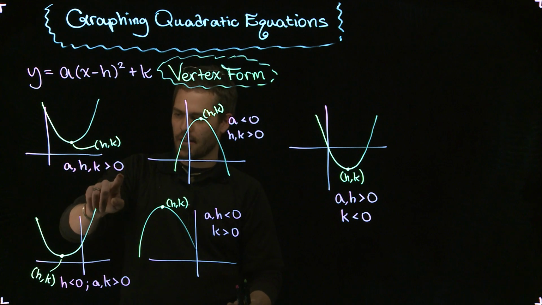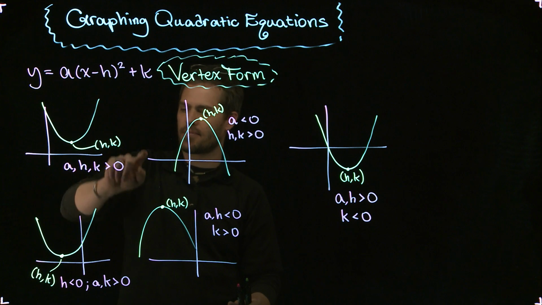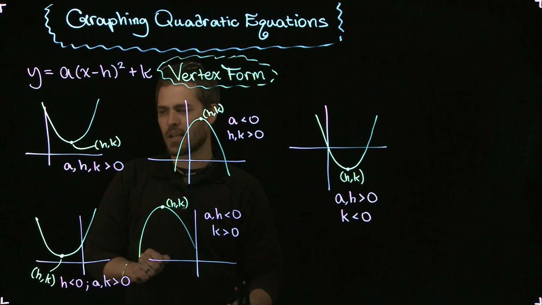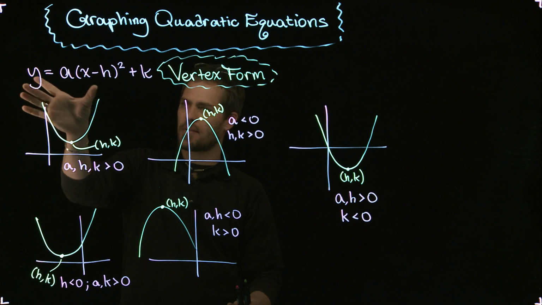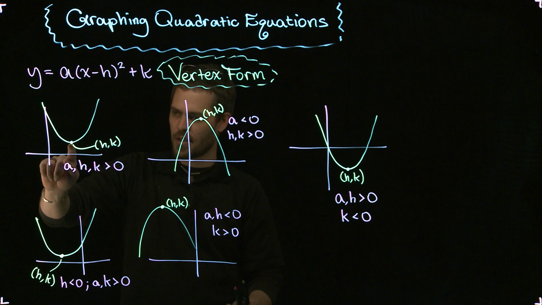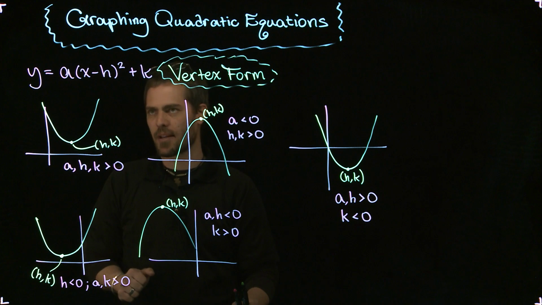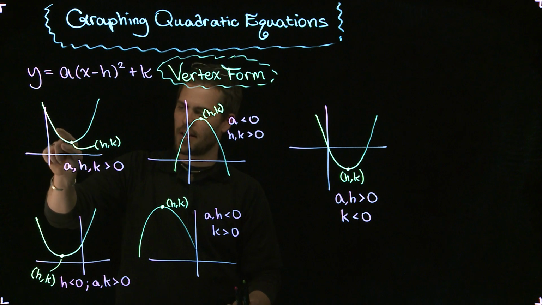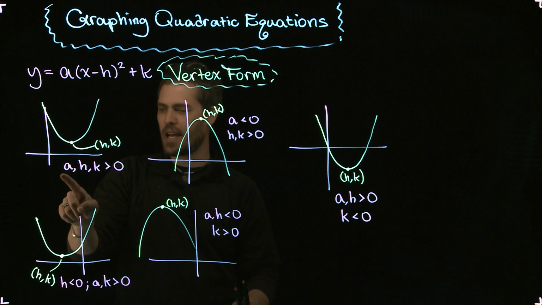So right here I have some graphs, and I wrote some things down at the bottom just to give you a little indication. If you have something in this form and you have a value for h and k, the vertex is located over here at h, k, or h for the x, k for the y, where both of those things are positive. And the curve is facing upward, that is, it's a smiley face, if a is positive.